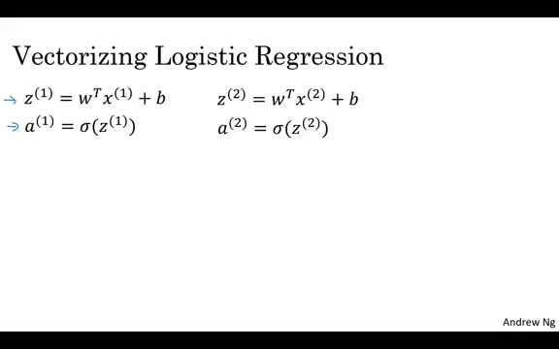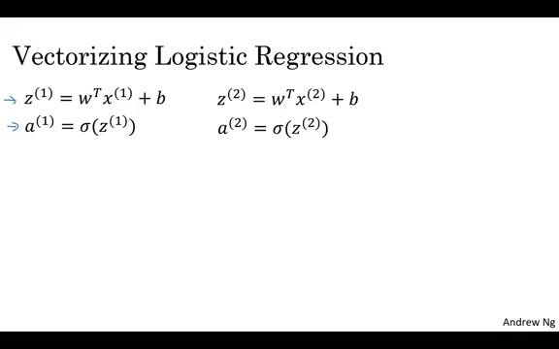Let's first examine the forward propagation step of logistic regression. So if you have m training examples, then to make a prediction on the first example, you need to compute z using this familiar formula, then compute the activation, that is, y hat on the first example. Then to make a prediction on the second training example, you need to compute that.